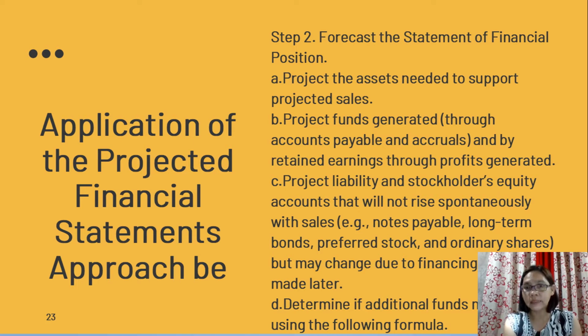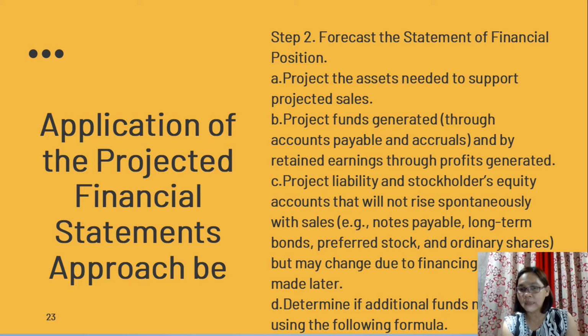Project liability and stockholders' equity accounts that will not rise spontaneously with sales, for example, notes payable, long-term bonds, preferred stocks, and ordinary shares, but may change due to financing decisions made later. Then letter D, determine if additional funds are needed.